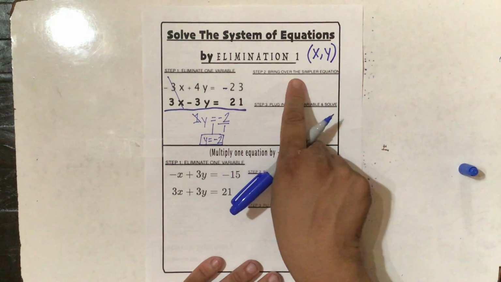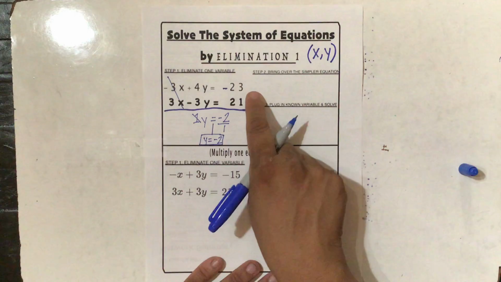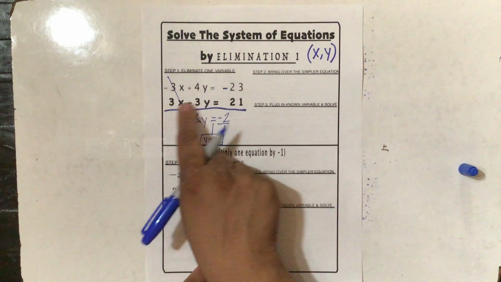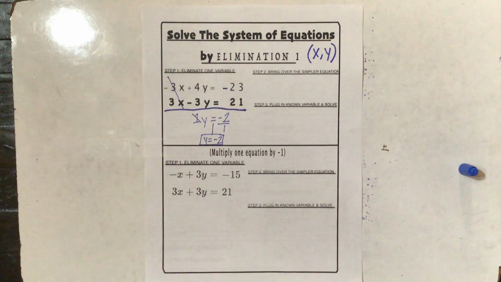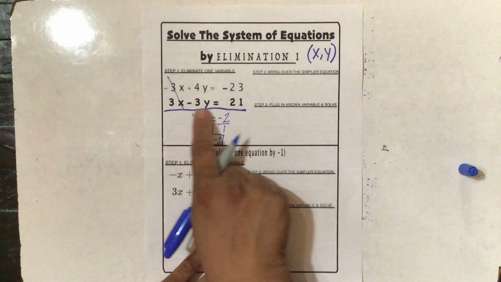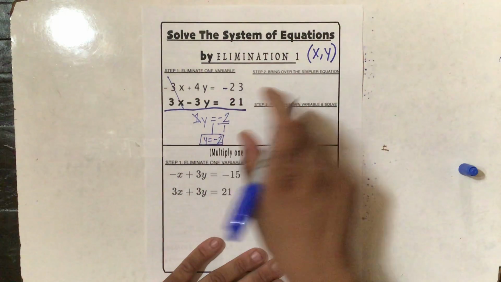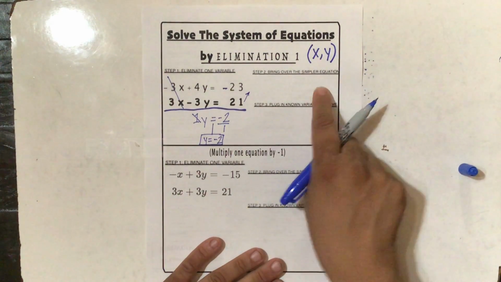Step 2, bring over the simpler equation. You see these two equations here, top equation, bottom equation. Which of these two is more simple? I think the bottom one is more simple. So I'm going to bring this bottom equation over here.